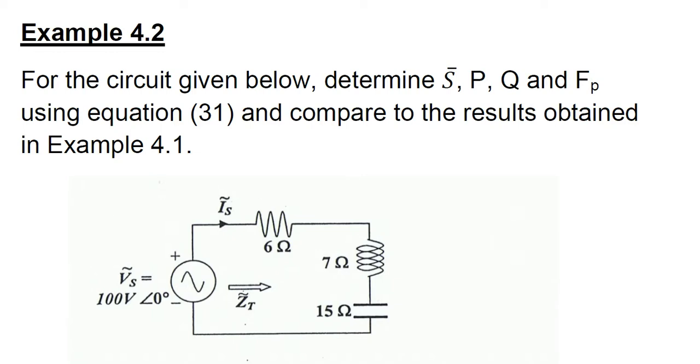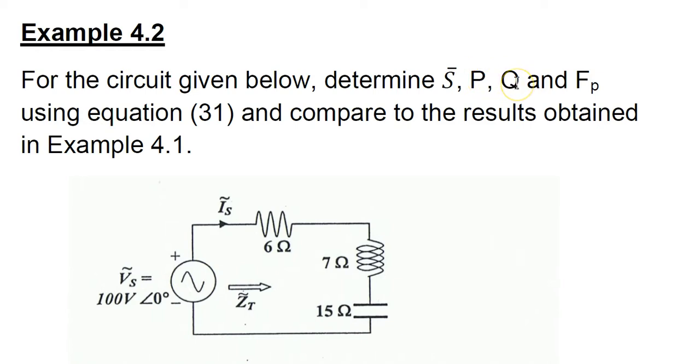In this video we want to look at example 4.2, which is found in your lecture notes, topic 4. For the circuit given below, we want to determine S, the apparent power. We want to determine P, the effective or average power.